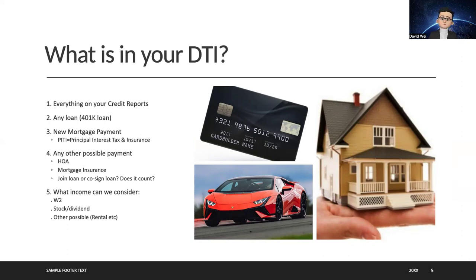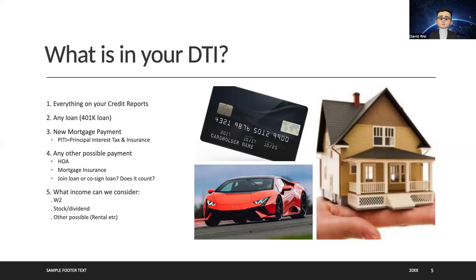Some banks or financial institutions or brokers may allow you to exclude it, to remove it from your DTI, but most of the time you have to show proof, like the person using his or her check to pay those payments from their own individual account. It shouldn't be a joint account, their own individual account to make those payments.